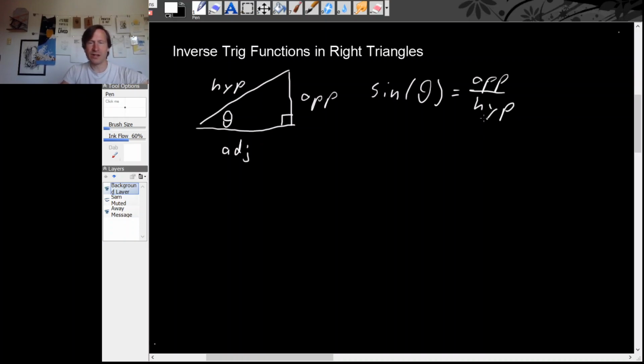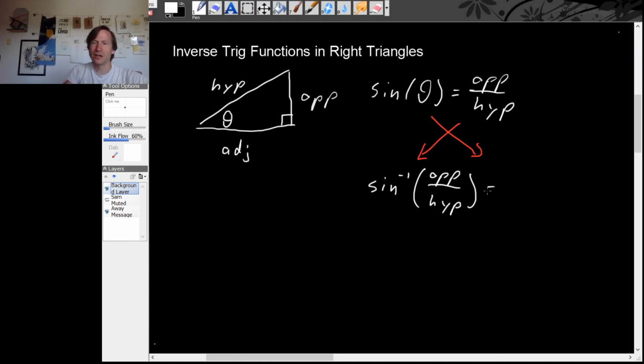And if we switch inputs and outputs to switch to the inverse function, we find that inverse sine of the opposite side over the hypotenuse is equal to theta. Well, this is actually only true if the theta we're talking about is in the restricted domain for sine, which is from minus pi over 2 to plus pi over 2.